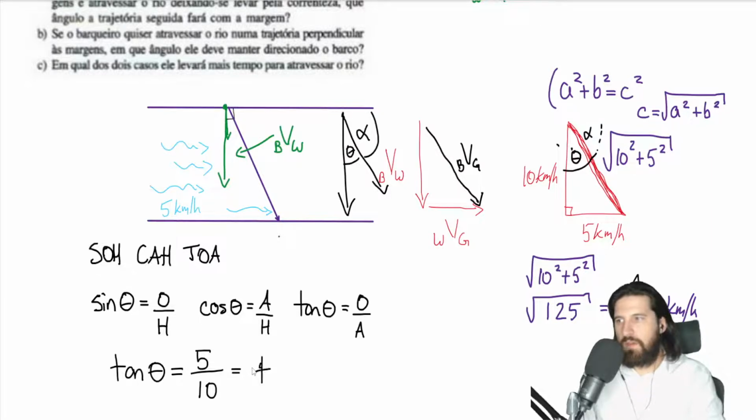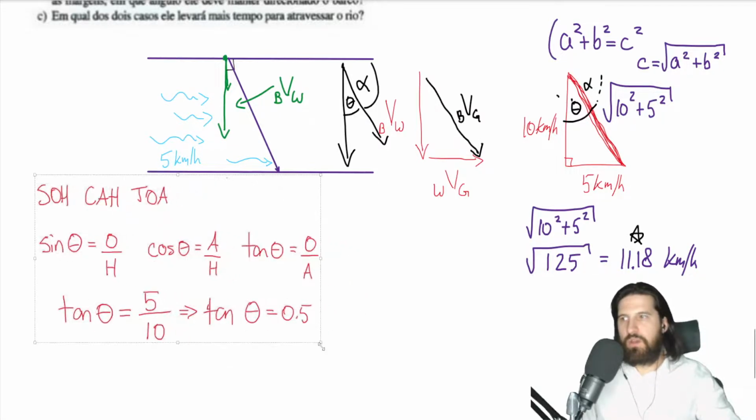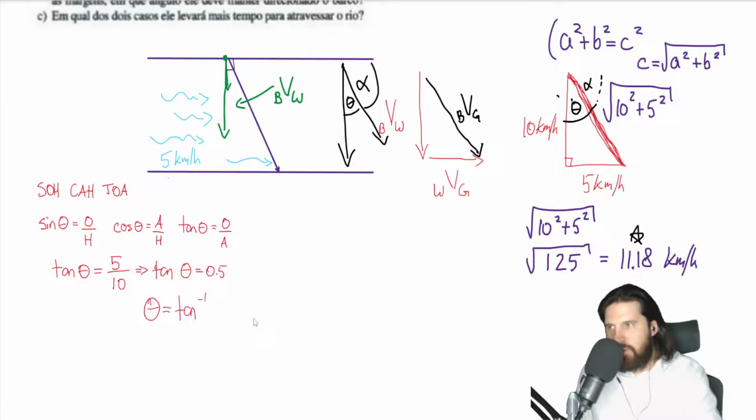So the tan of theta is 0.5, but that's not the angle, that's the tan of the angle. It's close, but it's not quite the angle. So we have to ask our calculator to do the tan inverse of 0.5.